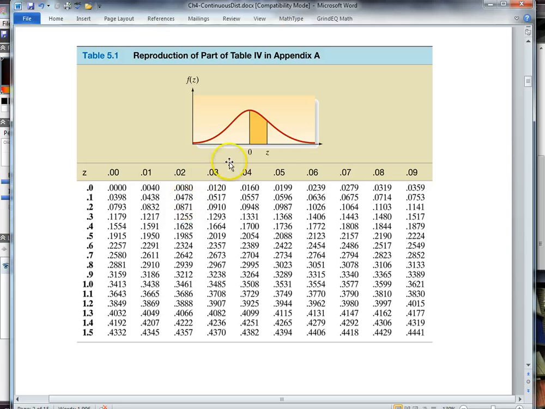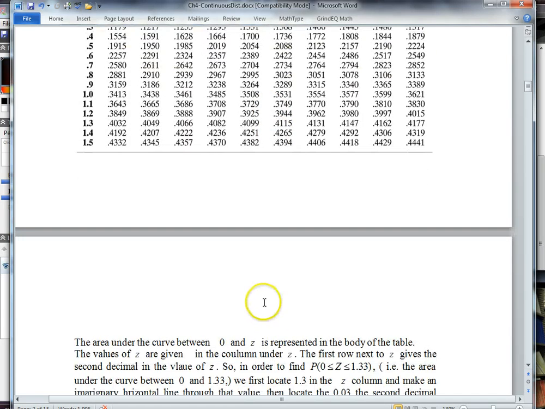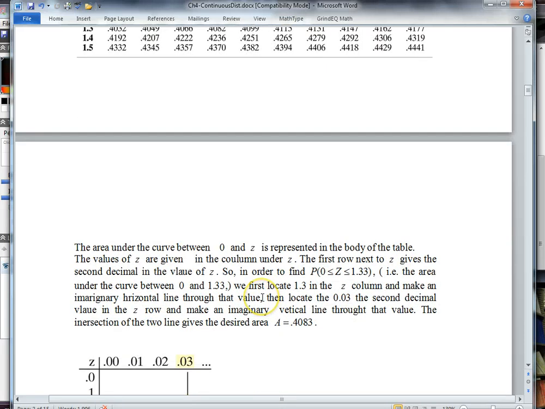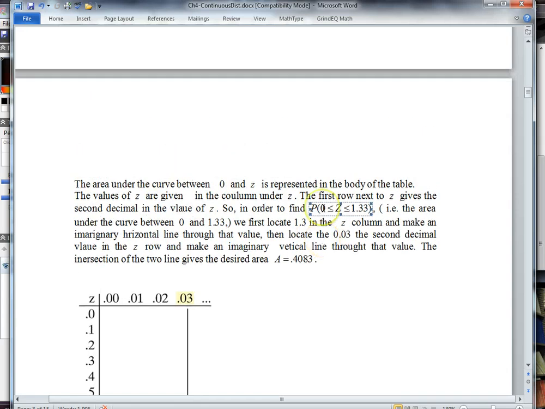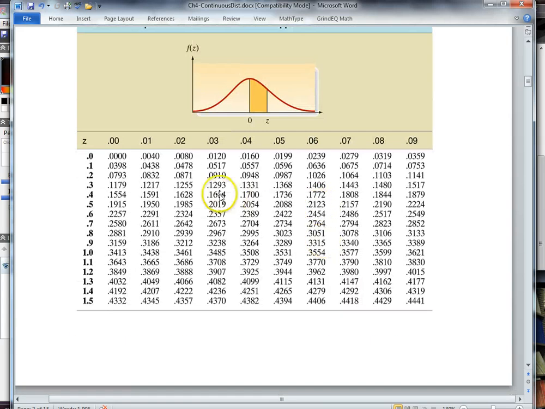If I want to find the area between 0 and 1.33, I start by going down this column, and that's 1.3. So my answer is going to be somewhere in this row, 1.3, but I have 1.33, and that's what this row here is.